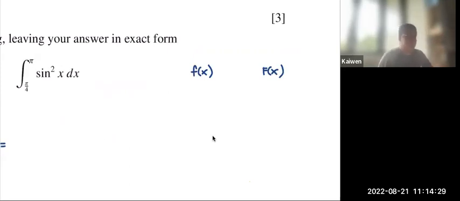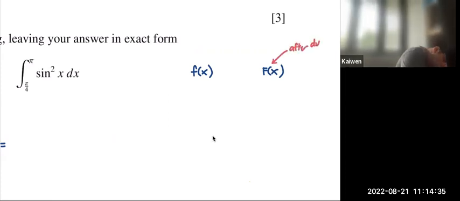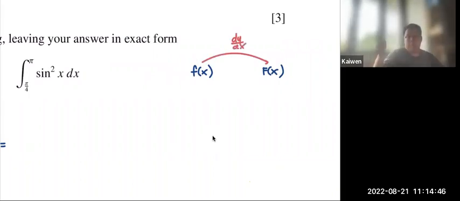Capital F x is after differentiation. So what we're going to do is we're going to rainbow like that. This is dy dx. And to get back from capital F x to base f x, which is the other way around, this is integration.